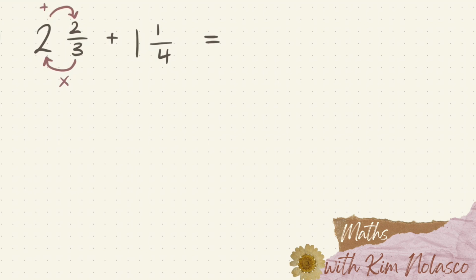So my first fraction is going to be 8 over 3 plus, and we're going to do the same thing here, 4 times 1 is 4, add on the 1 gives me 5. So we have 5/4, so we've got 8 over 3 add 5 over 4.